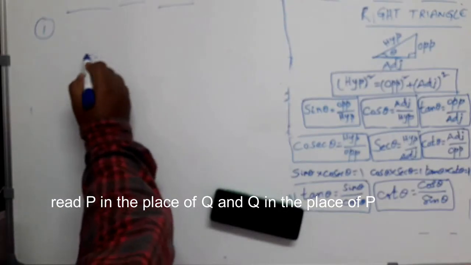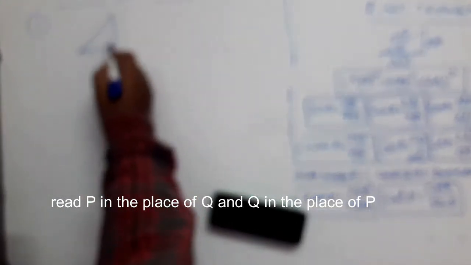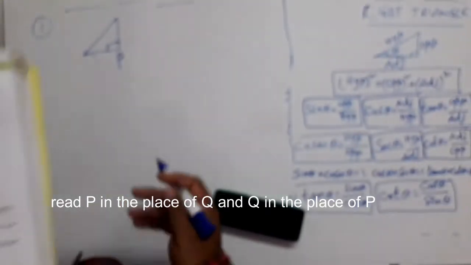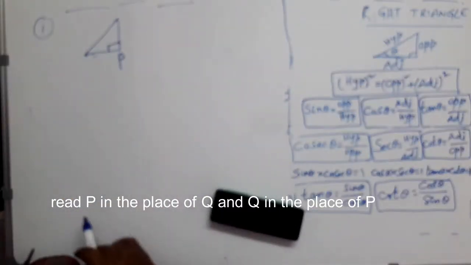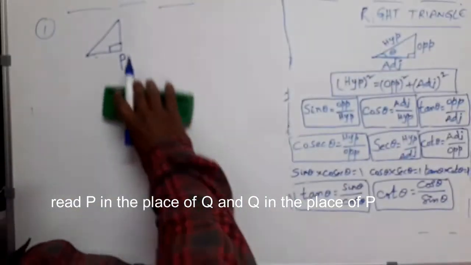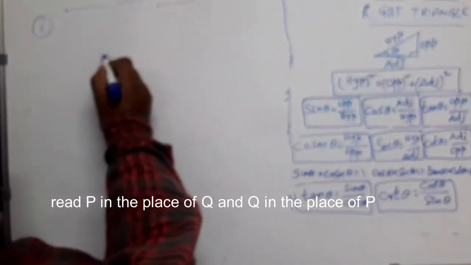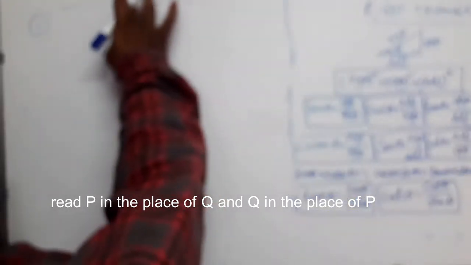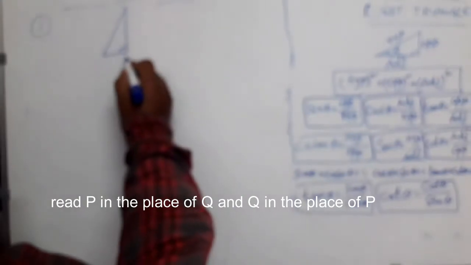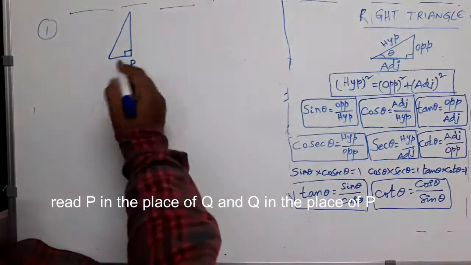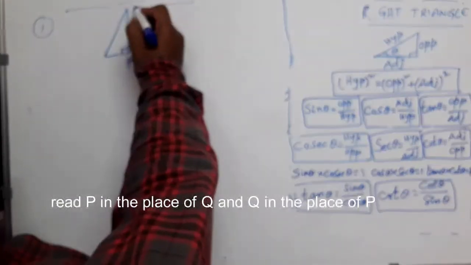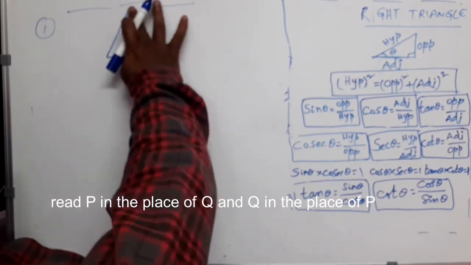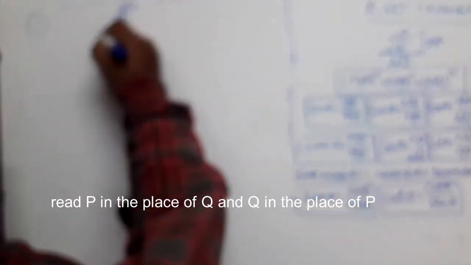See, angle P is 90 degrees. So, let us say this is a right angle triangle. Right angle is at P, given. PQ is 7 centimeters, QR is 25 centimeters. So, for a clearer understanding, I am drawing a picture. Let's say this is PQR.